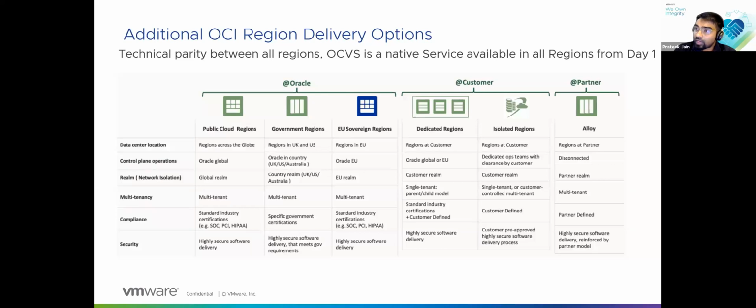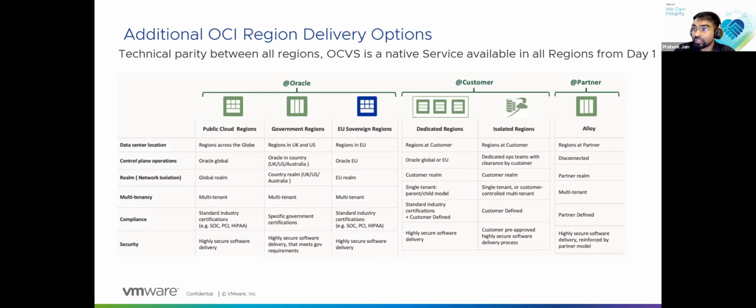Now, apart from this, there are 2 other ways of consuming OCVS. One is a dedicated region, which we call Dedicated Region Cloud@Customer, where Oracle would come in and install the entire cloud region in your on-premise data center behind your firewall.